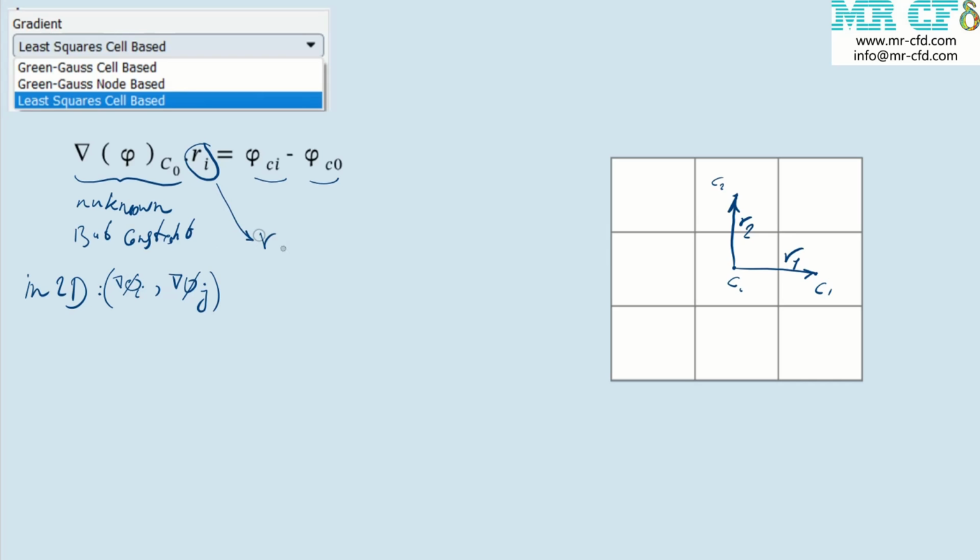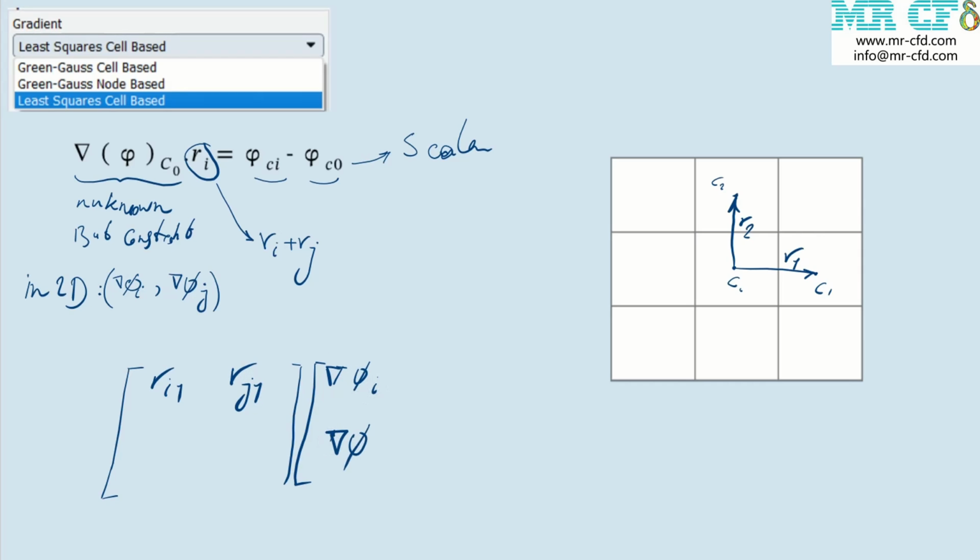If we have, for instance, vectors r1 and r2 corresponding to distances from the cell, C0, to east and north neighboring cells, the system of equations is formed as follows. Ri1 and Rj1 times nabla phi i and nabla phi j results in delta phi 1.